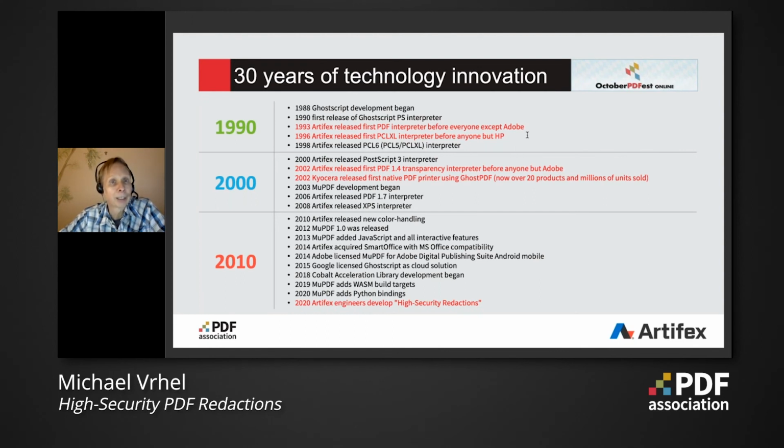In 1996, Artifex released the first PCL XL interpreter before anyone but HP. In 2002, Artifex released the first PDF 1.4 transparency interpreter before anyone but Adobe. And in 2002, Kyocera released the first native PDF printer using GhostPDF. And then we fast forward all the way to 2020 with the release of the high security redactions solution.